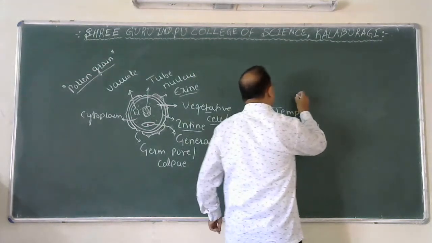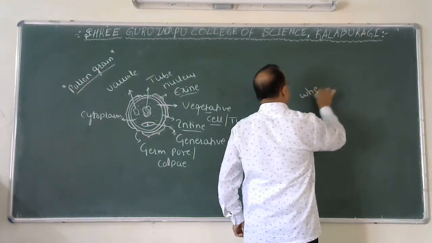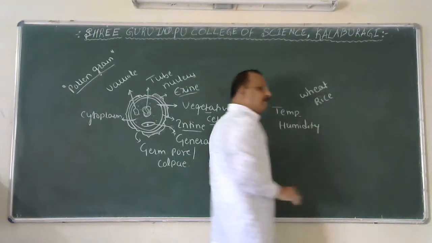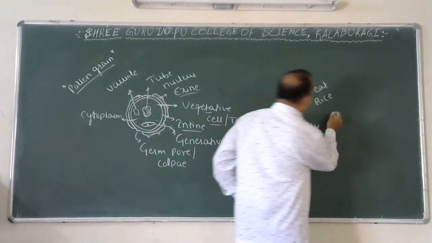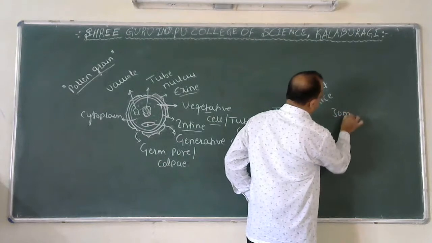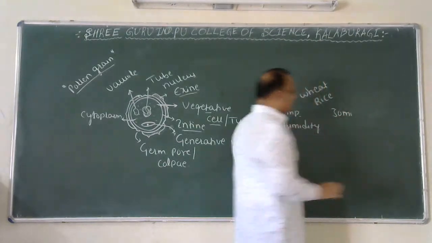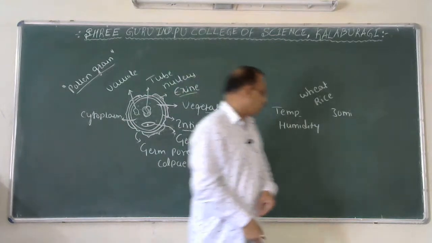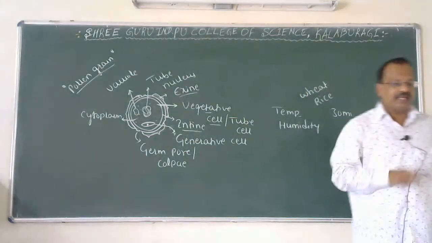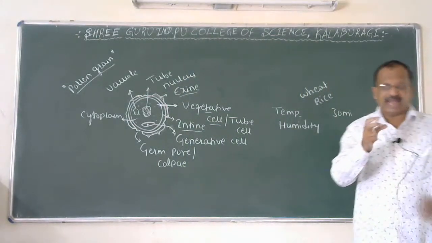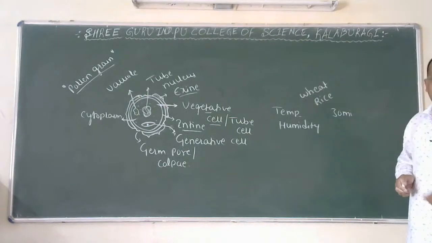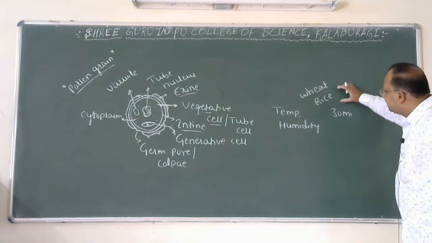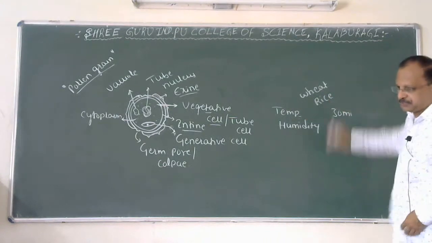In case of wheat and rice, they lose viability within 30 minutes from their release into the environment. Viability is nothing but performing activity.